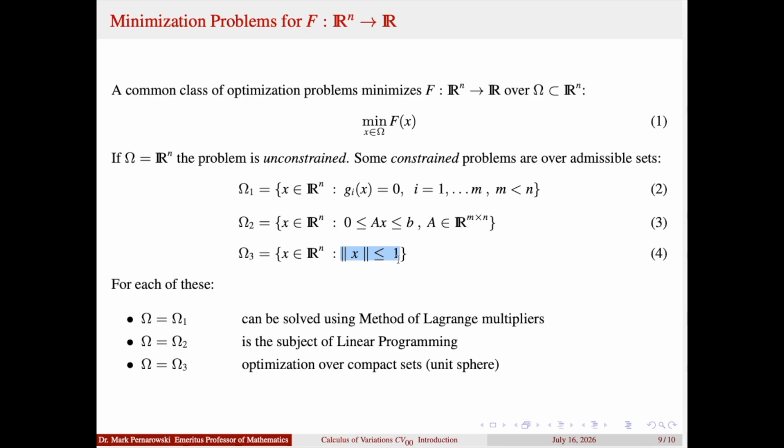So in this case it's a compact set, and there's a theorem which says that if I maximize a real valued function over a compact set, it does attain its min and max. This is just meant to remind you or introduce you to dealing with minimization problems in Rn.